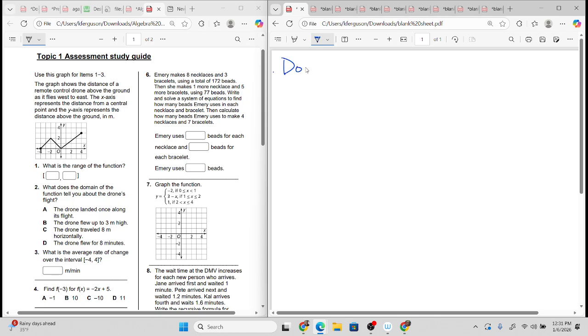So we got domain and range, right? And domain and range, remember, domain is just the list of inputs for your function, or the list of x values.